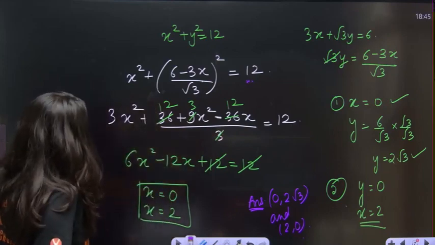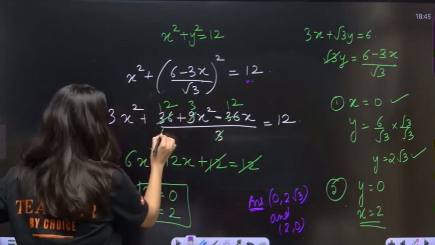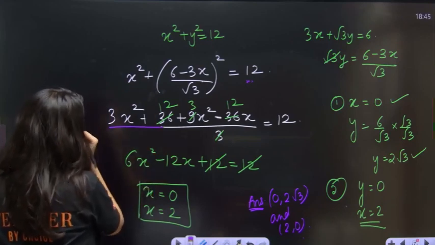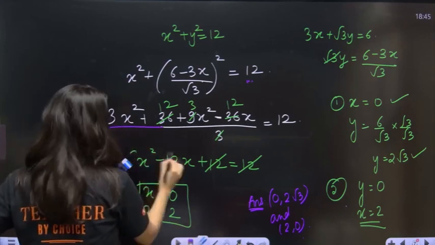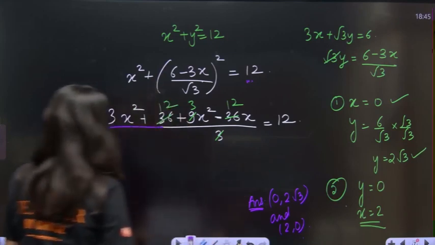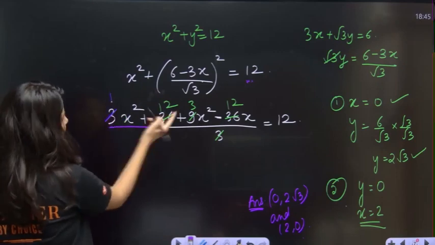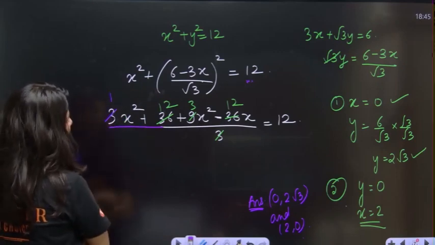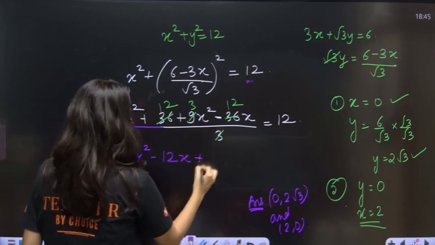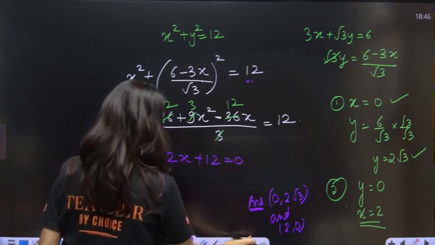See, this is your 3, sorry. If I am taking LCM, this is my 3. Yes, I have made a mistake over here. Yes, sorry. So this is how it is. So this will also be gone if I take LCM, correct? So this is 4x square minus 12x plus 12 equals 12.